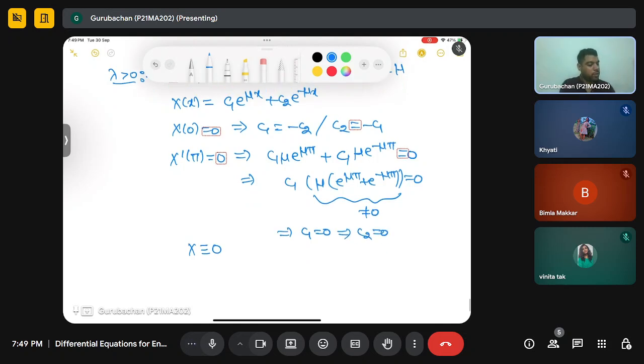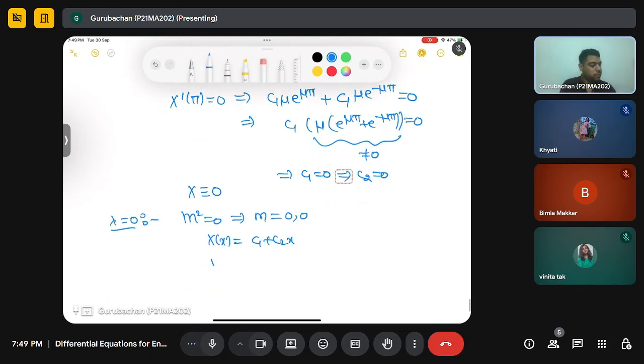Okay, so again lambda equal to 0 is the case now. When lambda equal to 0, the auxiliary equation is m square equal to 0, m is equal to 0, 0. That means X(x) is some c1 plus c2 x. X(0) is 0 implies c1 is 0.